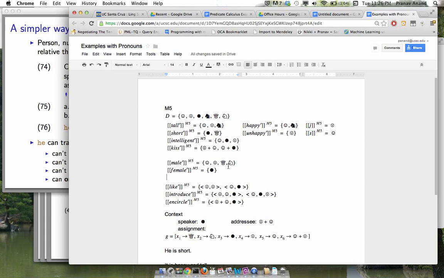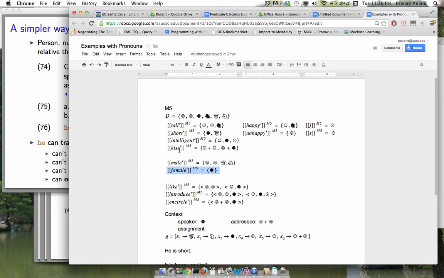There are sort of two crucial things that I've added here that are worth mentioning. The first is that I've added male and female to the mix. That's for our gender cases. The other is that I've added a couple of instances of collective predicates.